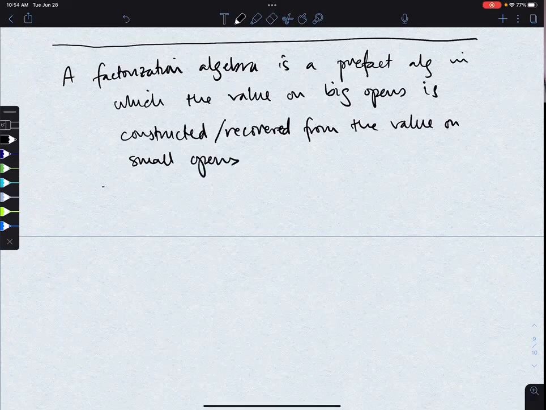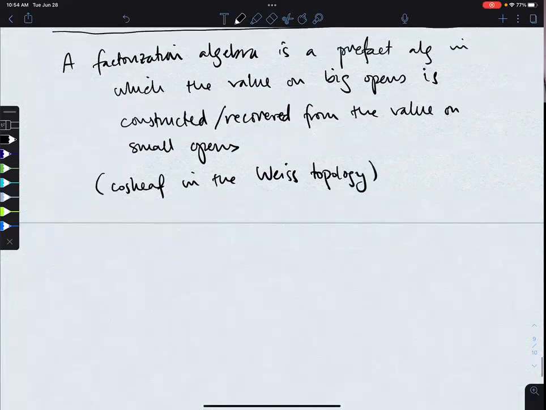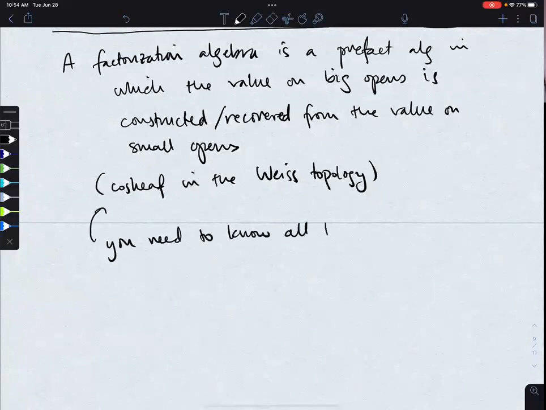In technical terms, it's a co-sheaf in the Weiss topology, which is a Grothendieck topology you can put on, say, a manifold. And let me just remark that conceptually, what it means is that this Weiss topology just says you need to know all the endpoint functions.